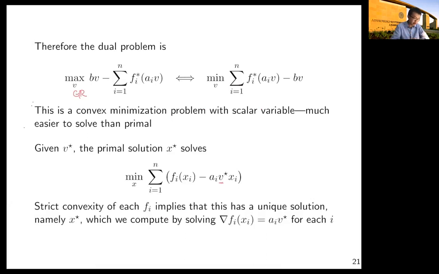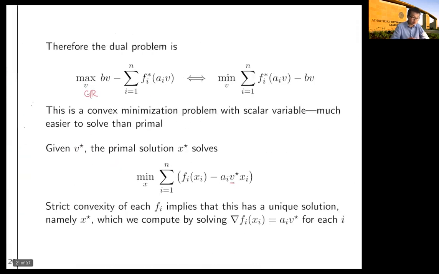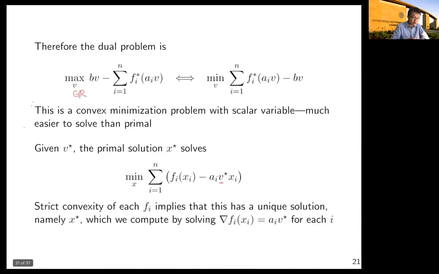That's univariate. Again, we can do that by bisection. So in total, the computational complexity of solving this has reduced from having to solve an n-dimensional optimization problem to solving n one-dimensional problems separately.